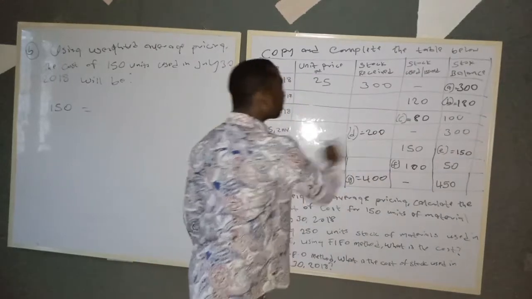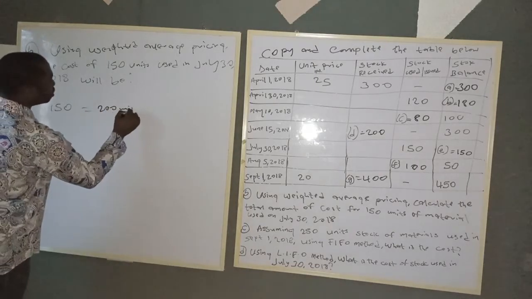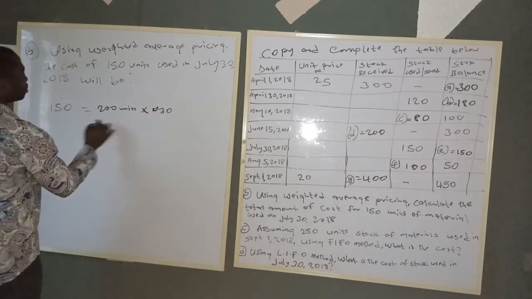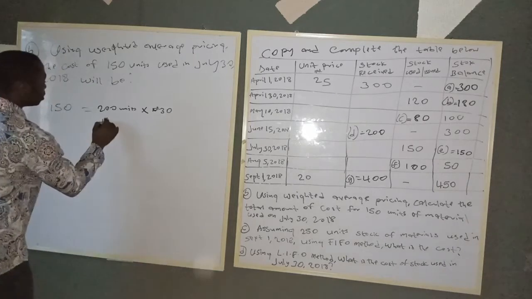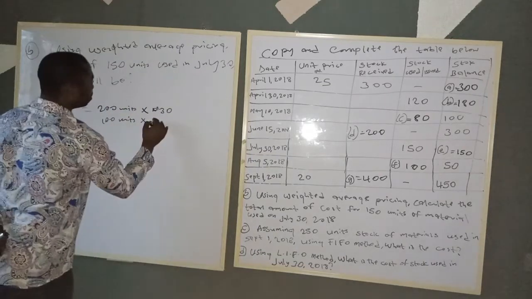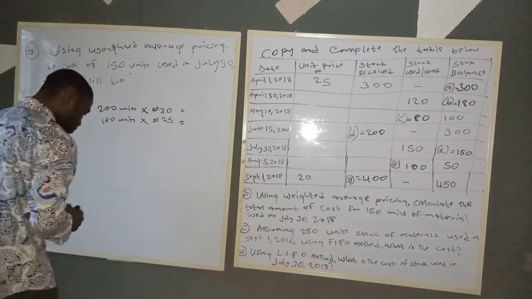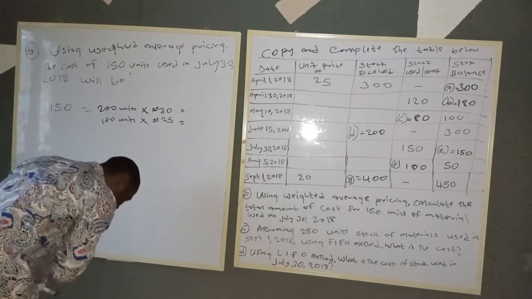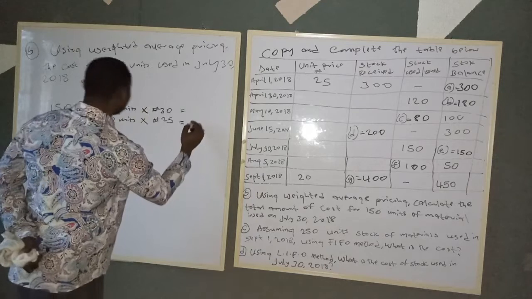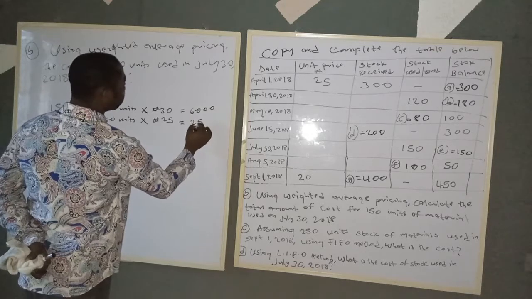Out of this 300, 200 came with 30 naira, so we say 200 units times 30 naira, then the remaining 100 units came with 25 naira, 100 times 25 naira, which is equal to 6,000 and 2,500.